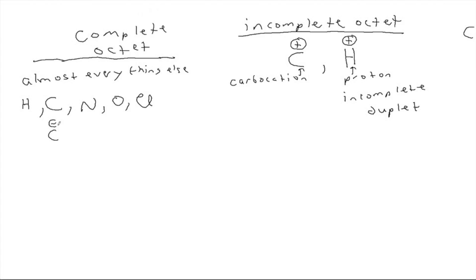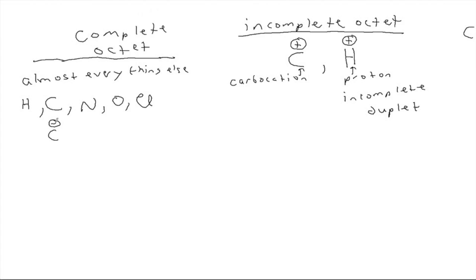How about a carbon with a negative charge? No, that has more than a complete octet. Now, that would be impossible, wouldn't it? You can't have more than a complete octet. Generally, you're not allowed to have more than a complete octet. So actually, this still goes in the same column. This is still a complete octet.